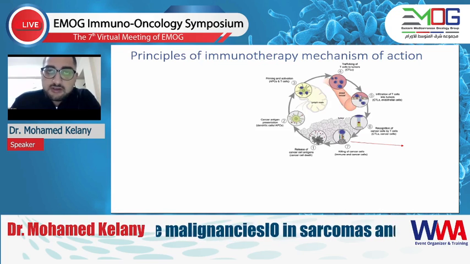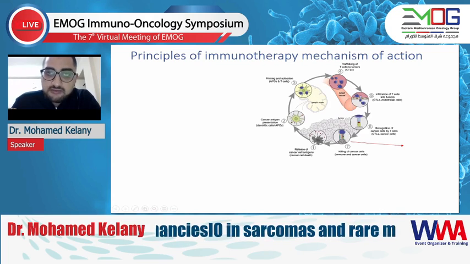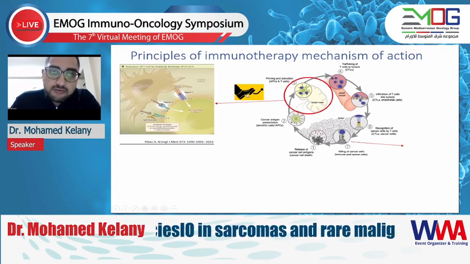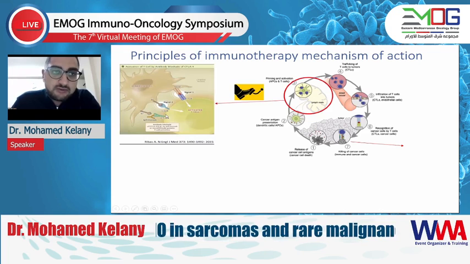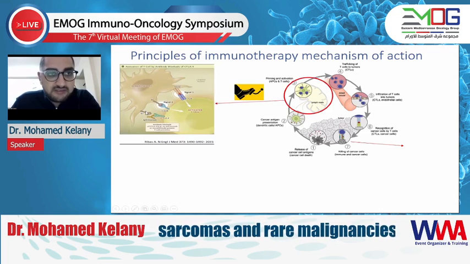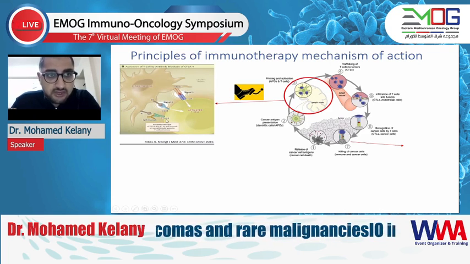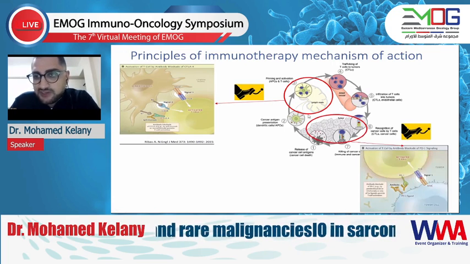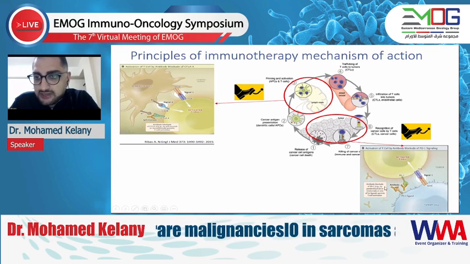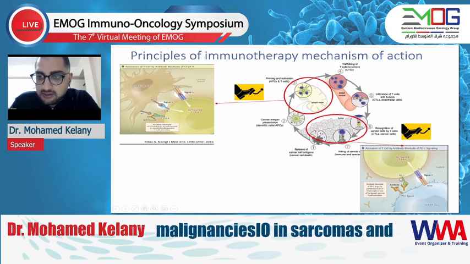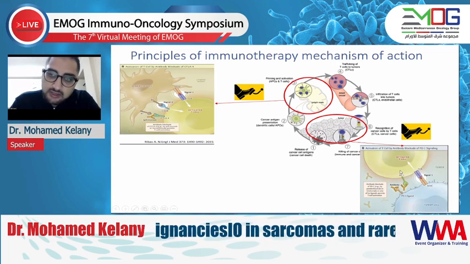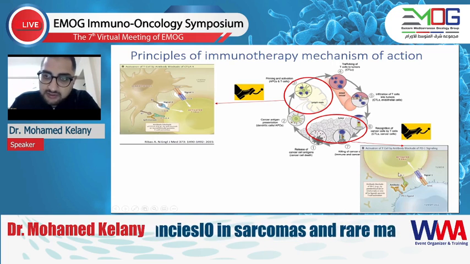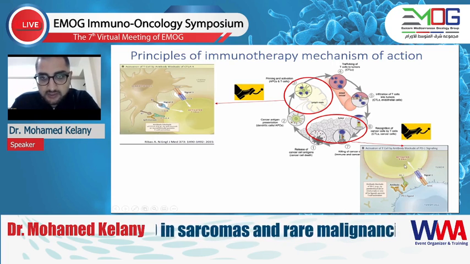The principle of modern immunotherapy mechanism is the cancer immunity cycle. At the level of the lymph nodes, we take the brake off through a monoclonal antibody to inhibit the inhibition through B7 and CTLA4, ipilimumab. And at the level of the tumor microenvironment, again we take the brake off through monoclonal antibodies, anti-PD1 and anti-PD-L1, to inhibit the inhibitory effect of the tumor cell itself against the activated T cell.